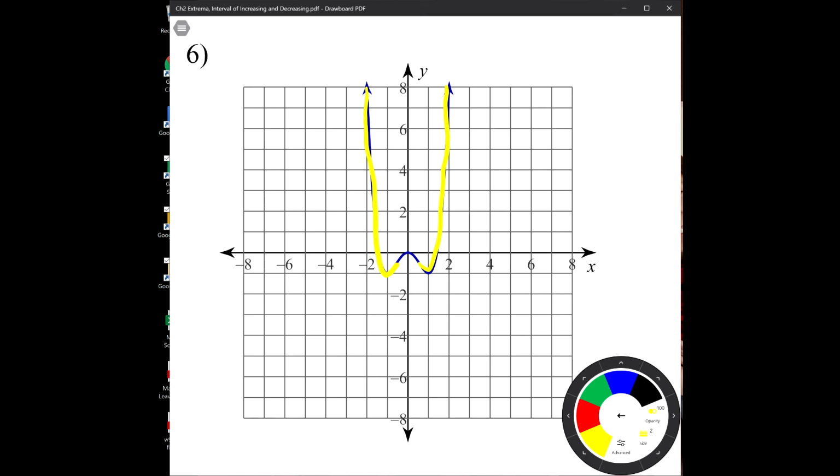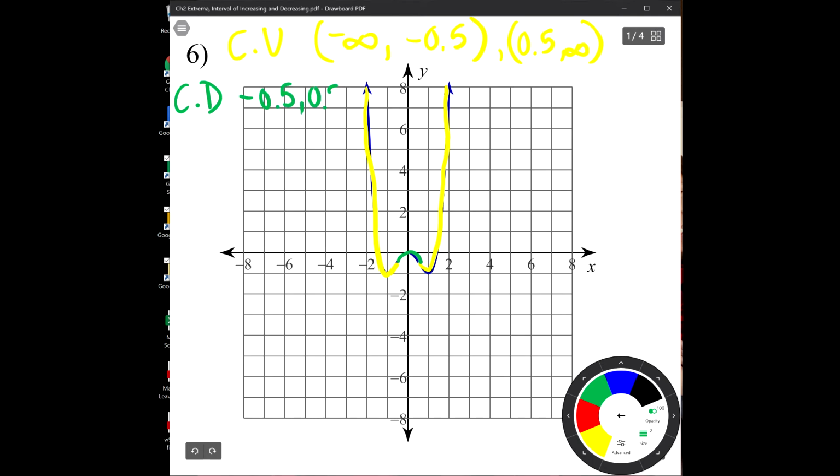So concave up is -infinity and stop at, and I estimate it right now at this pre-calculus level, I just estimate the inflection point, -0.5, and then I have another one which is 0.5 to positive infinity, and then the other part will be concave down. So for concave down, I have -0.5, 0.5.